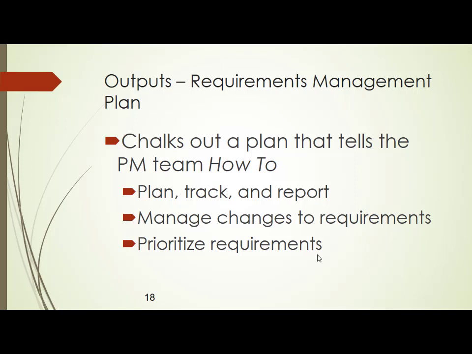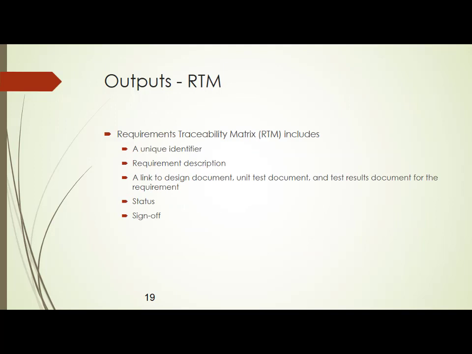And finally, the plan will also have how to plan the requirements and how to track them. Tracking the requirement is very important because there will be thousands of requirements. You should know how to track it, because every requirement will have an origin. A requirement will come from a particular stakeholder. Who gave that requirement? So you have to track it properly. That tracking is also there in the Requirements Management Plan.